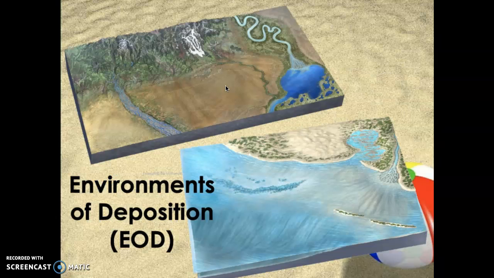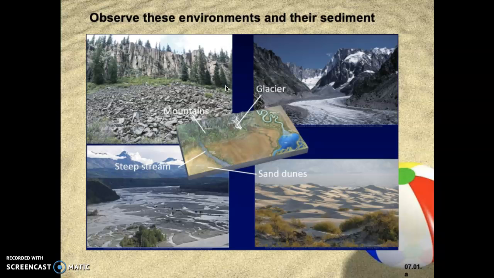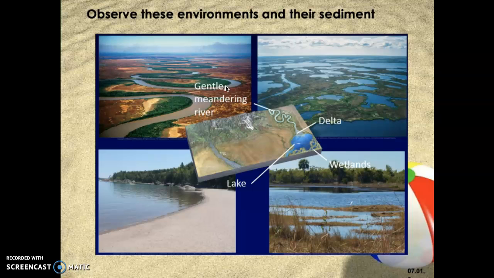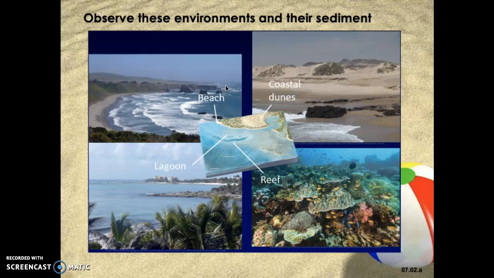So we've been talking about different environments where sediments are deposited. This is just a quick review. We had these lovely drawings in the book, and then they focused in. The idea here is to think about all of these environments that we talked about and the different types of sediments that you can find in those environments. And not just that, but how those sediments are layered upon each other and how they're mixed with each other.